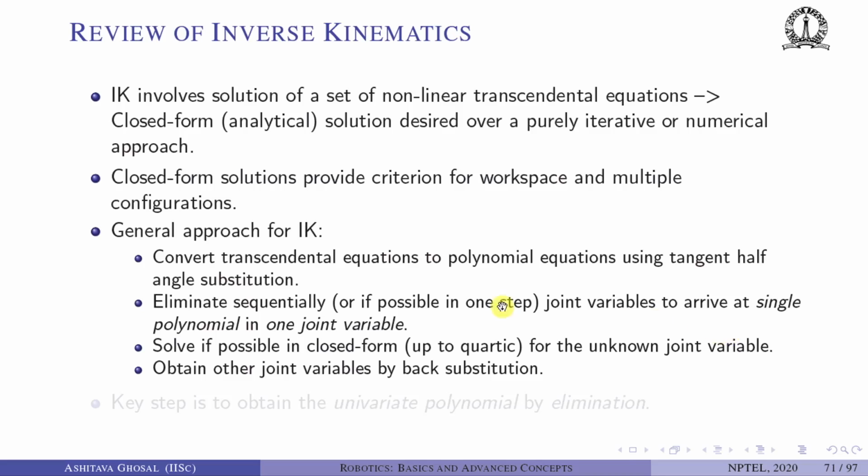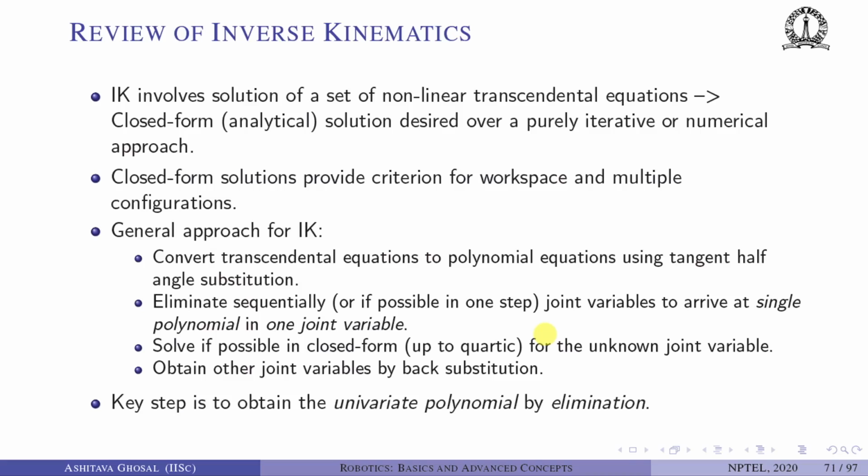Then we need to eliminate sequentially, or if possible in one step, joint variables to arrive at a single polynomial in one joint variable, and then we solve if possible in closed form. For example, up to quartic equations we can solve in closed form for the unknown joint variable, and then obtain all other joint variables by back substitution.